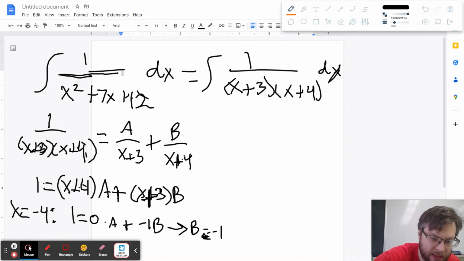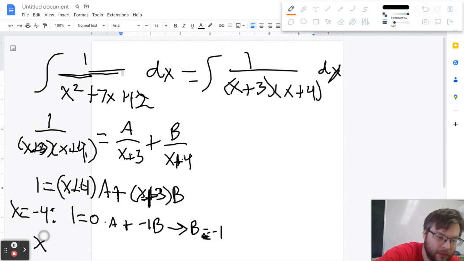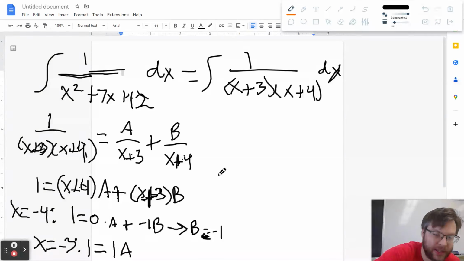Similarly, if I make x equal -3, again, sorry about the screenwriting software, my handwriting is even worse than normal, I have 1 equals 1 times a plus 0 times b, and so a is equal to 1.